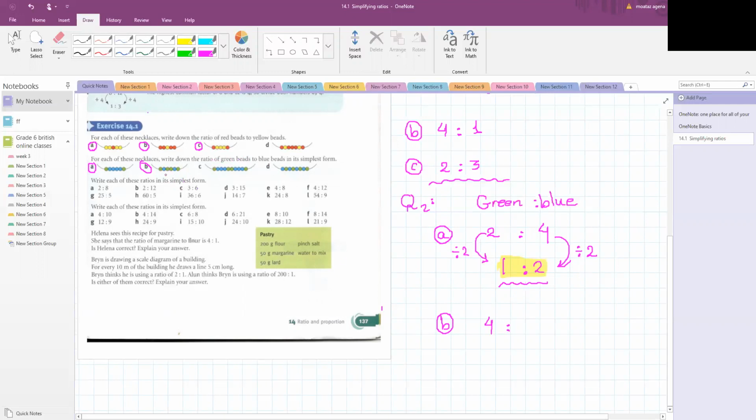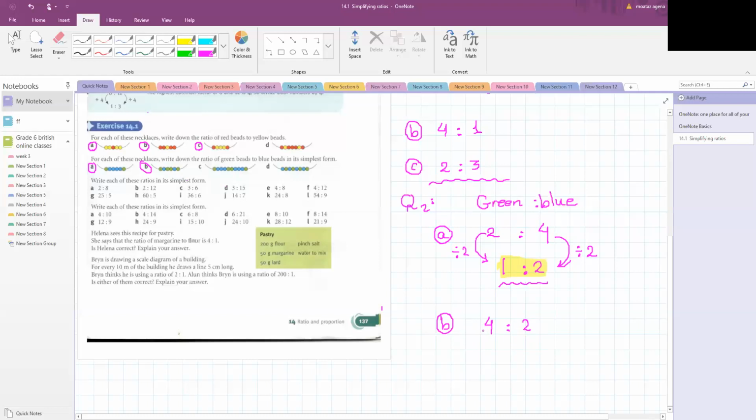How many blue beads do we have? We have 2 blue beads. Now if we want to simplify this ratio, we will divide by the highest common factor, or the greatest common factor. What is the common factor between 2 and 4?